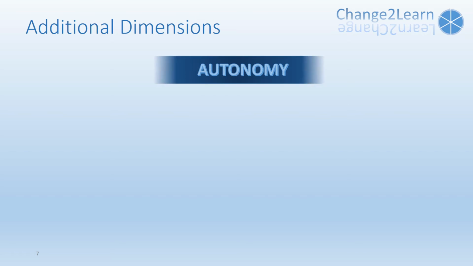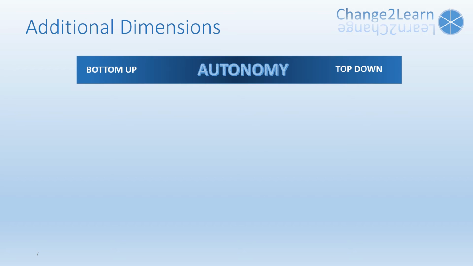It is therefore that I defined three additional dimensions to the existing model of process, people, and technology. The first one is about the level of autonomy in the organization. It is the difference between a top-down and a bottom-up strategy in your knowledge management implementation. In a bottom-up approach, collaboration and knowledge sharing takes place in an organic, natural and spontaneous way of working, where people are seeking for collaboration by themselves.